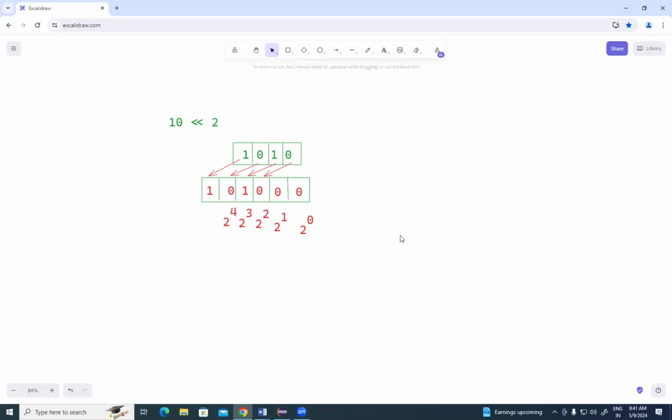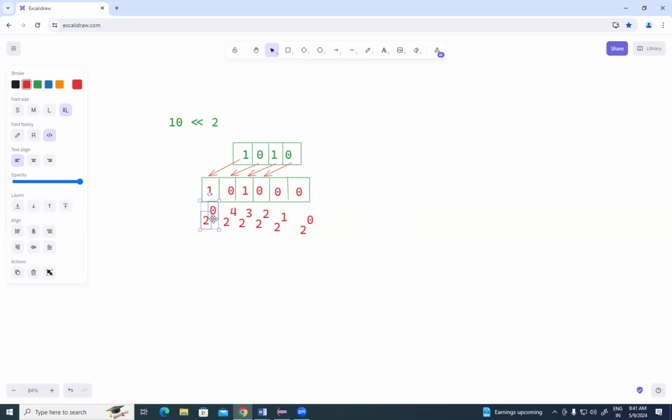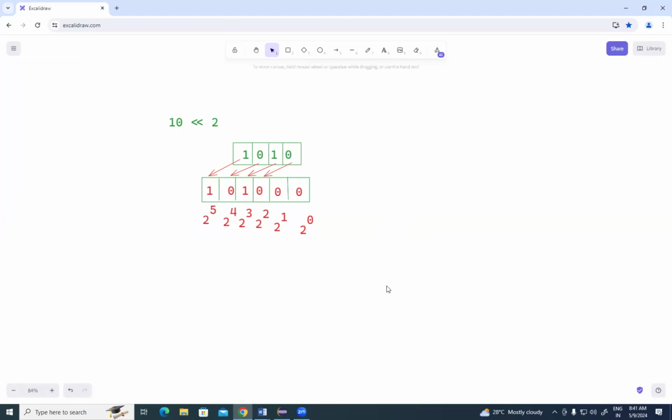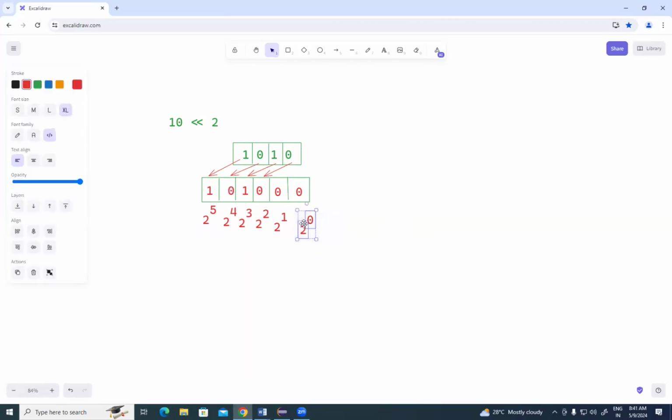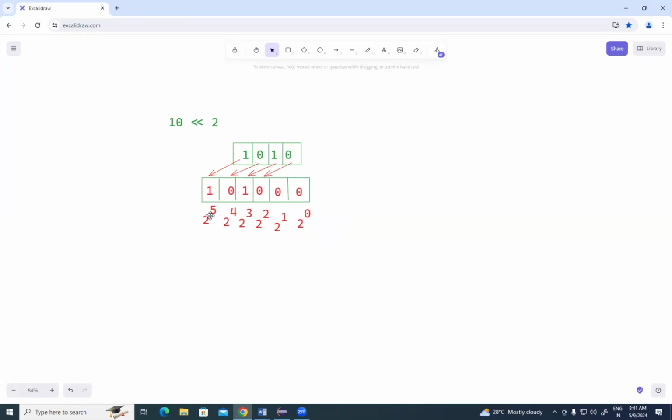And finally, folks, this is going to be 2 power 5. Am I clear? Everybody is getting this point, folks. Everyone online? Yes. This is 2 power 0, this is 2 power 1, 2 power 2, 3, 4, 5.